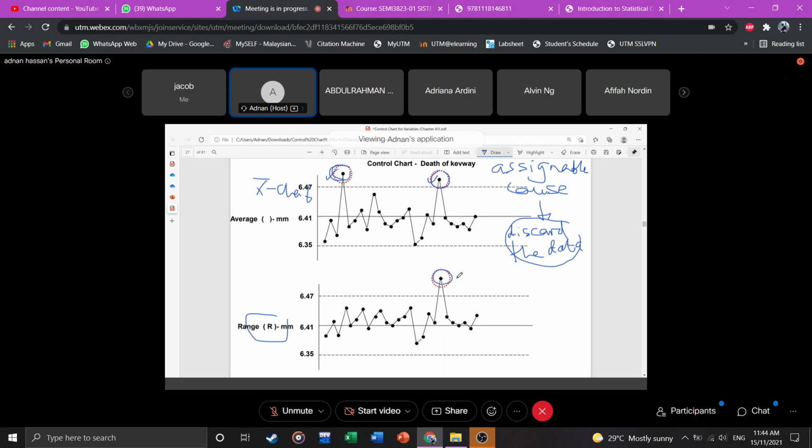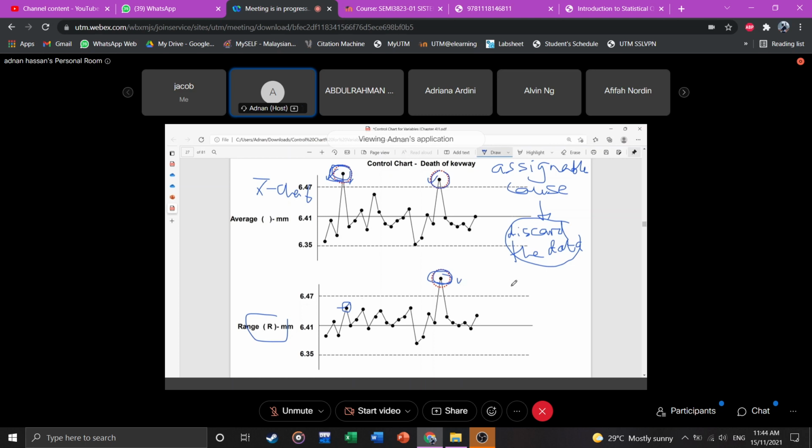If we remove only this value for the R chart, but actually this value also has a problem in the X chart. Even for these values, 1, 2, 3, this one is okay inside, but if we remove here, we also remove here, meaning that both values are removed.